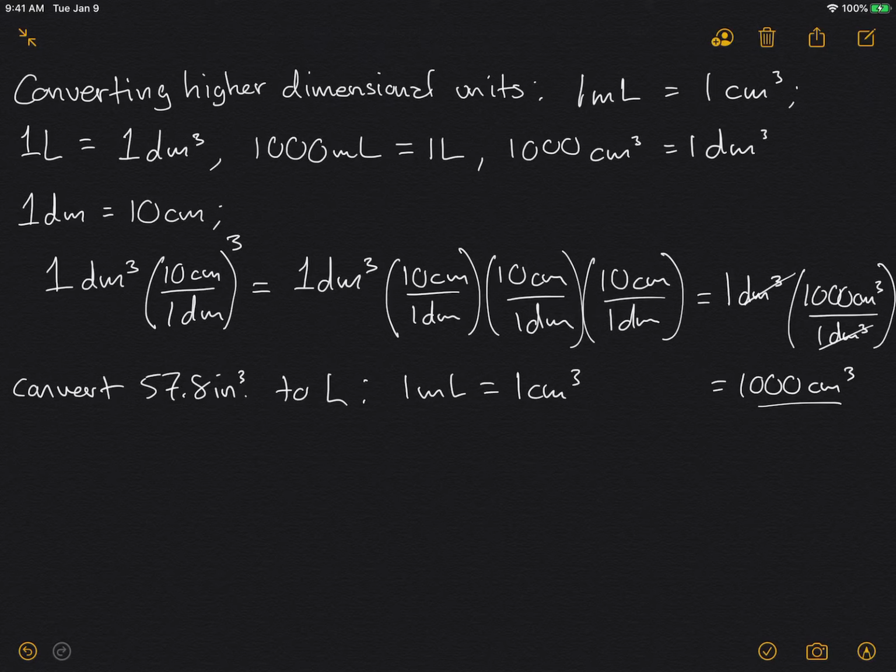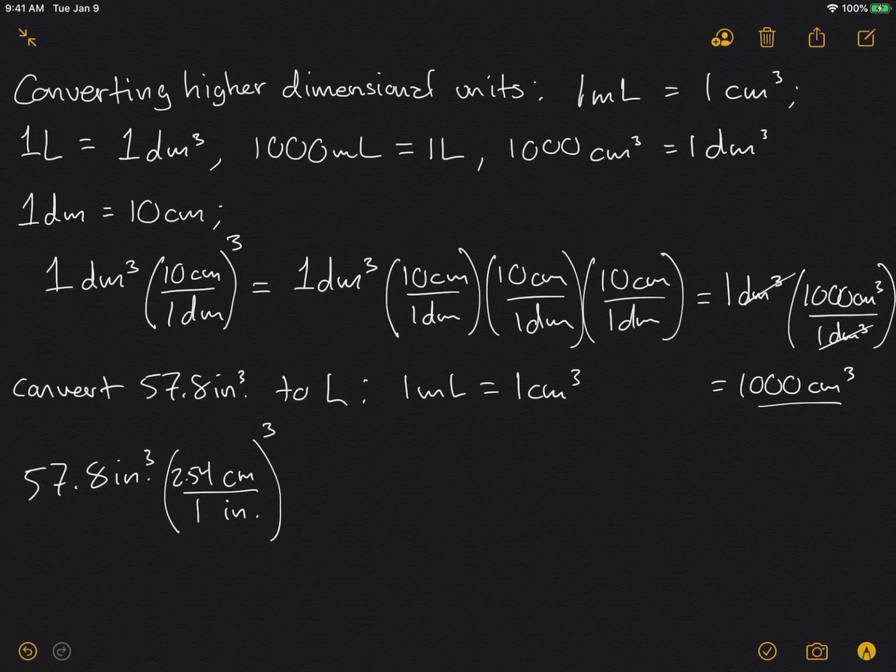And so I would set it up like this. 57.8 cubic inches. And let's convert inches to centimeters. And just ignore the cubed for a second. 1 inch is 2.54 centimeters.